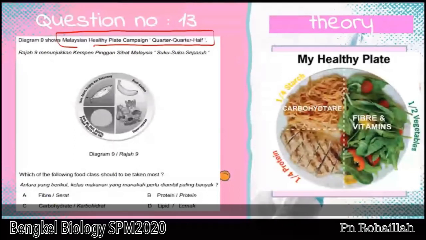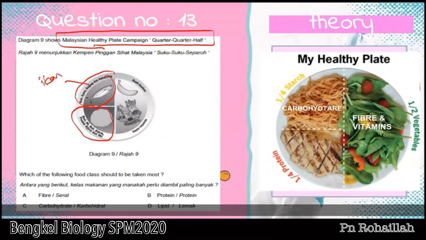Okay, tulis sikit ni, this part ialah ikan. Ikan, daging. And then bahagian bawah tu nasi, mi, roti. And this part yang besar sikit, fruits and also vegetables.